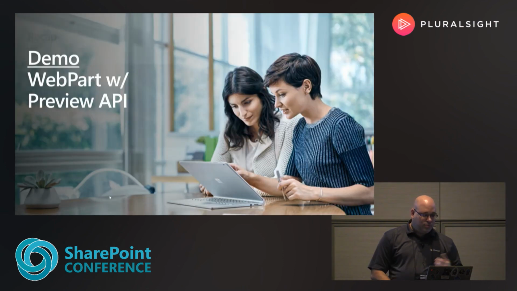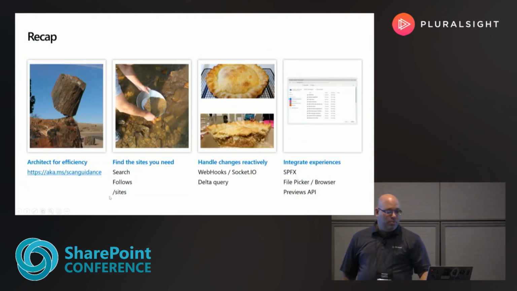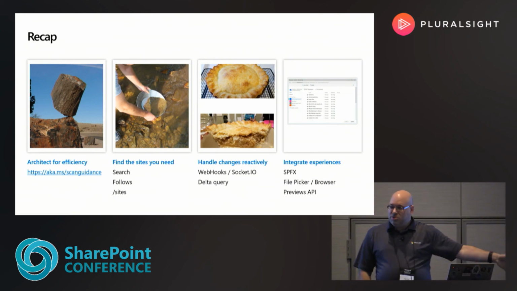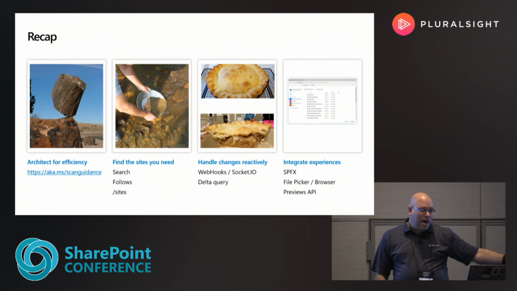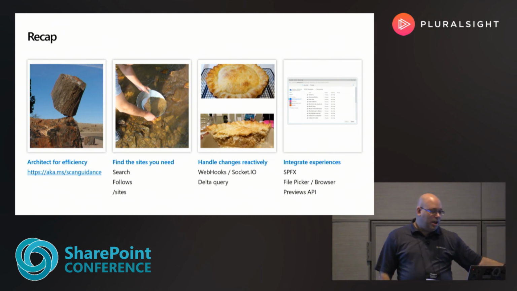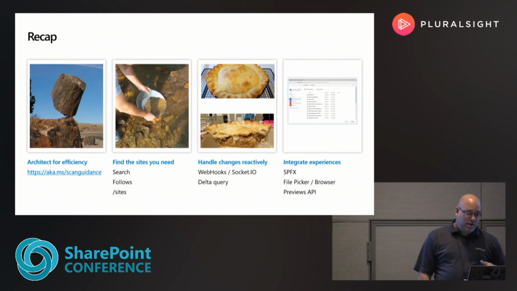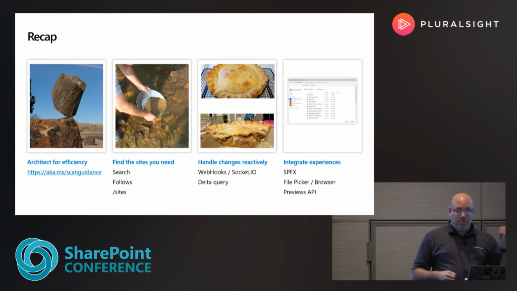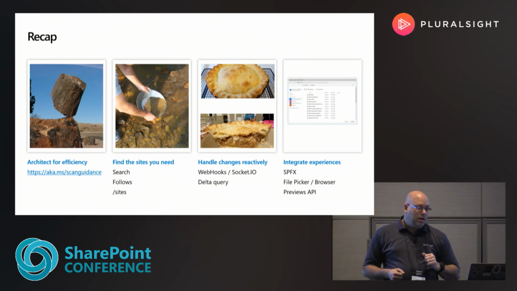So let's wrap up and recap. We started out talking about architecting for efficiency. Use the scan guidance if you're doing high volume apps. It's going to help you get the right architecture on the first try. We've got great options now, or will very soon, as soon as the betas ship, for finding the sites you need. We've got search, follows, the sites endpoint that we all saw working today.